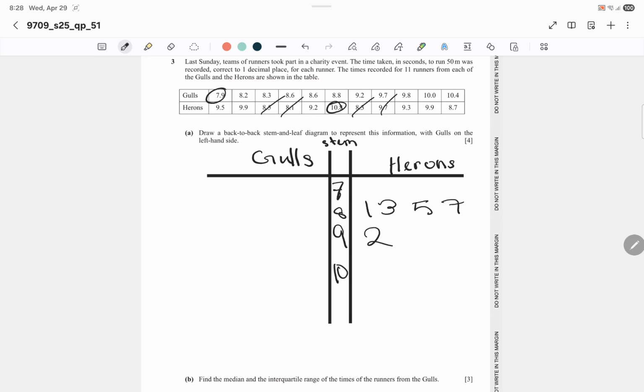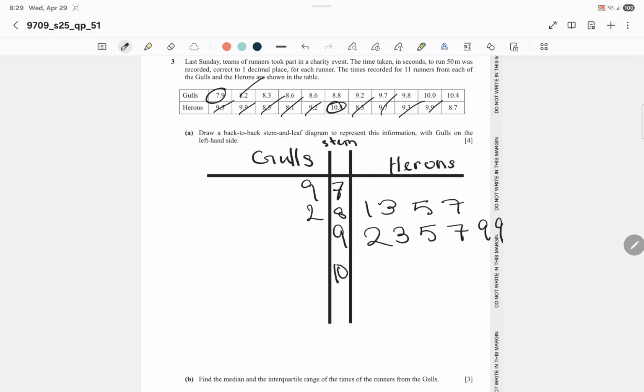Then 2, we get 2. Wait, sorry, 2 over here, 2 over here. We also have 2 over here, so we can just do this. We get 9. 9 over that side as well. Okay. 2, 3, 5, 7, 9, and then 9 again. Then 10, we don't have any values over here.